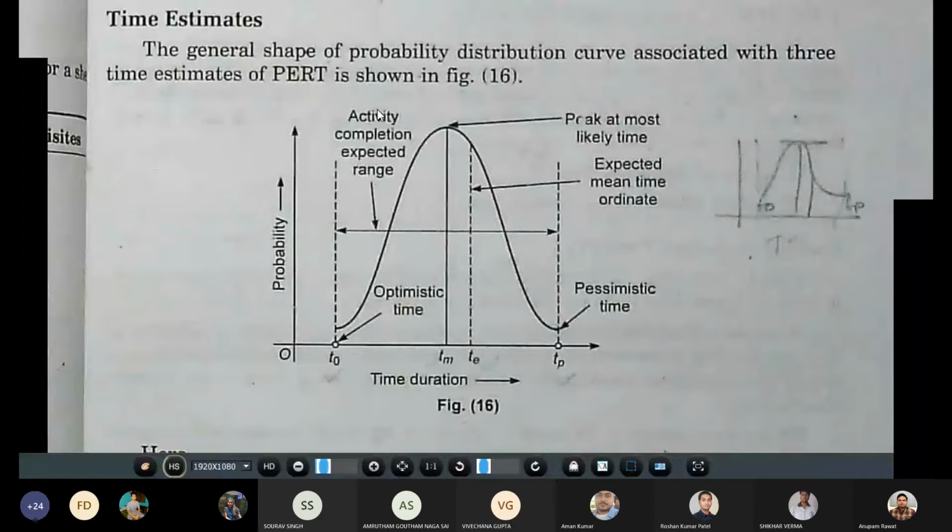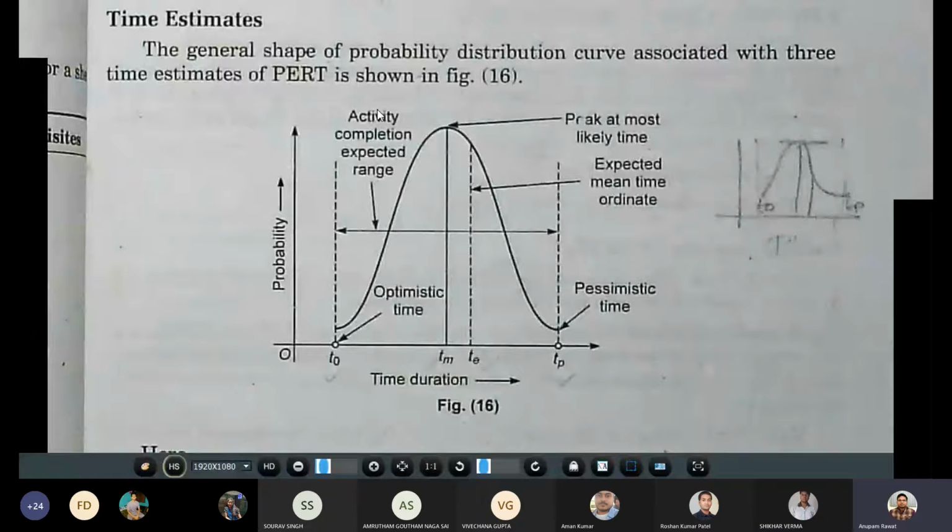In the PERT system, time is the most essential and basic variable. As the PERT system is used for R&D projects, there is an uncertainty about the time required for the completion of various activities.